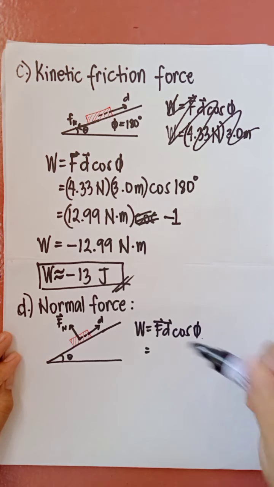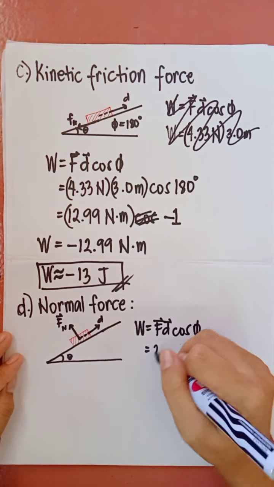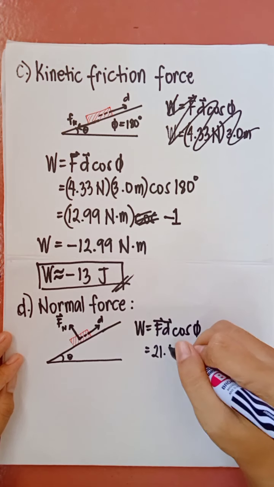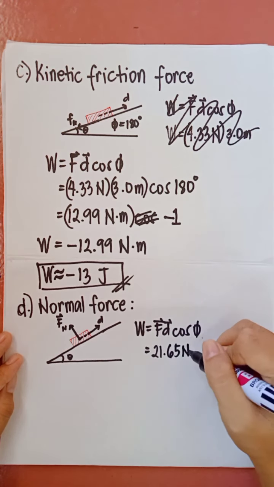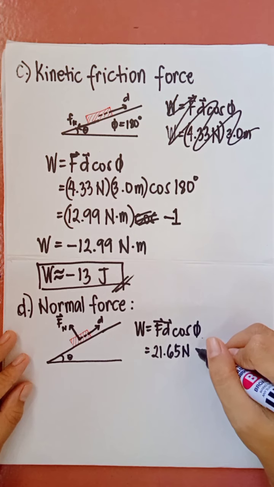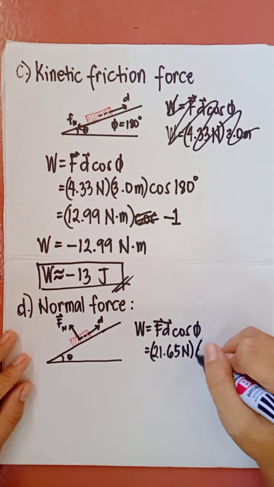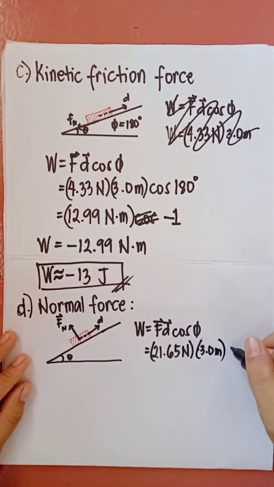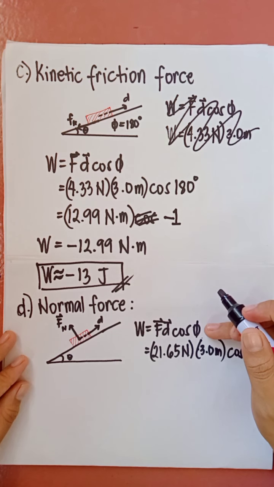In this case, the force here is the value for the normal force, which we calculated earlier and is equal to 21.65 newtons. Cosine.